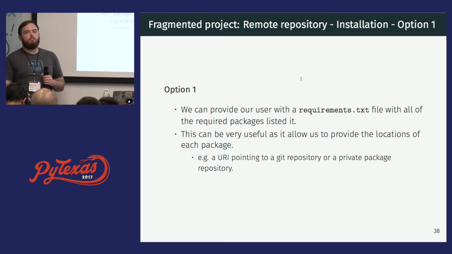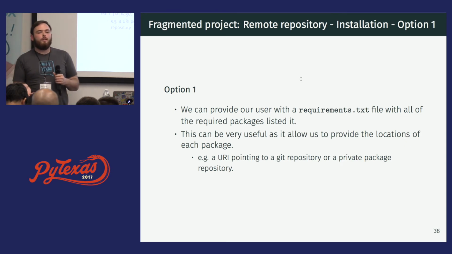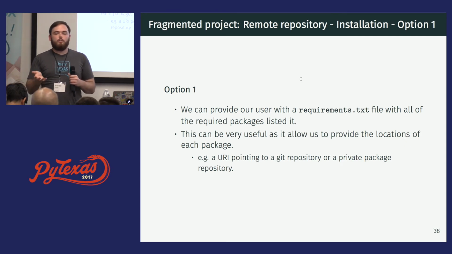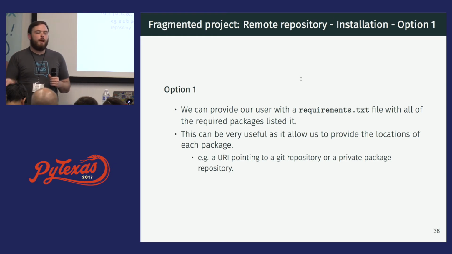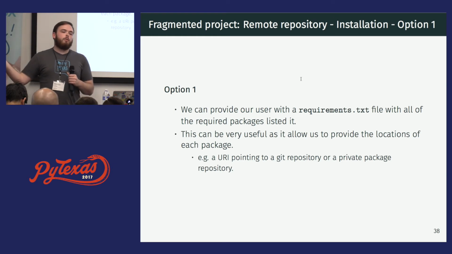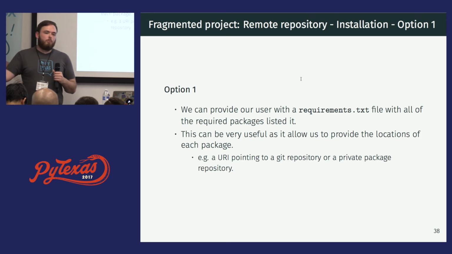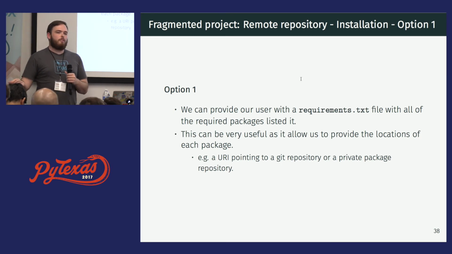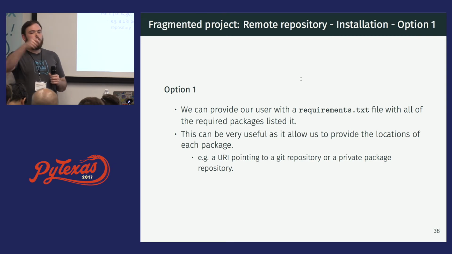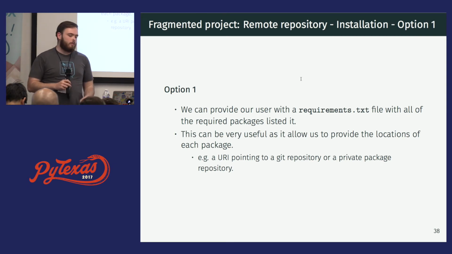So let's say that for some odd reason, in our single project we have packages uploaded to the public Python Package Index, a private package repository, and then maybe even GitHub, just to make things complicated. We can list all of those in the requirements text.